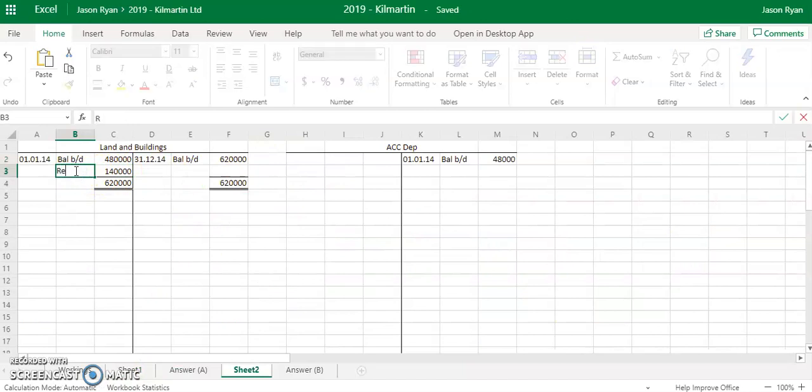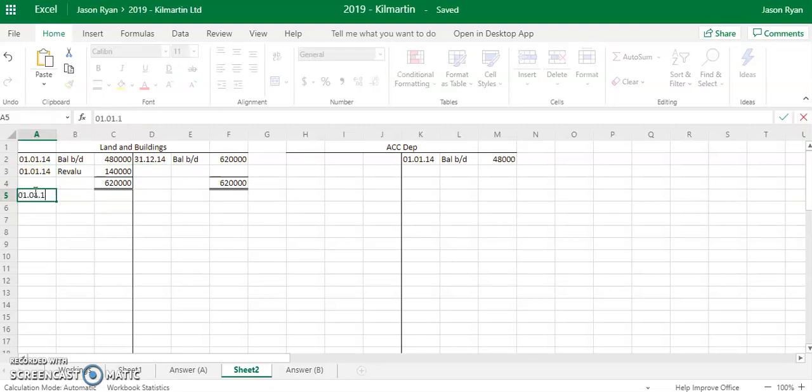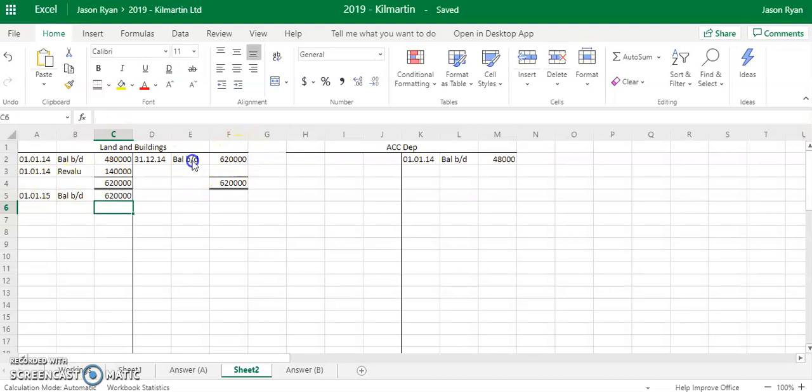So that's going to be your revaluation reserve. I'm just going to put revalue in there, and it's going to be the first of 2014. And then you will bring down your balance, so first of the first 2015, balance carried down, it's going to be 620.